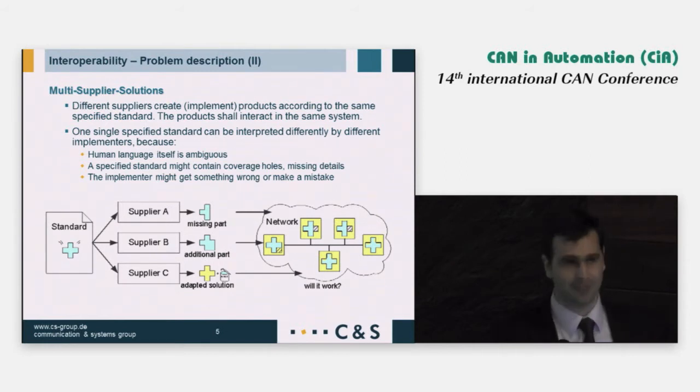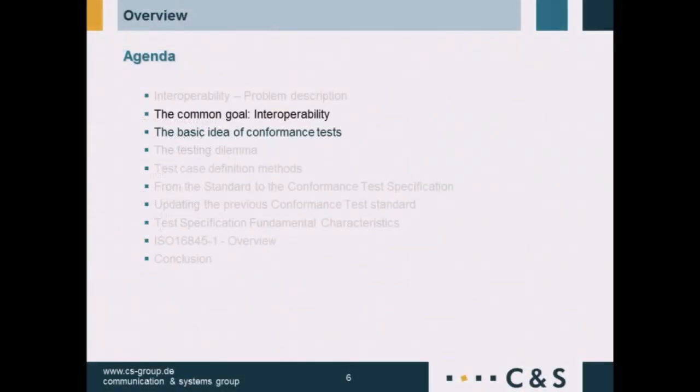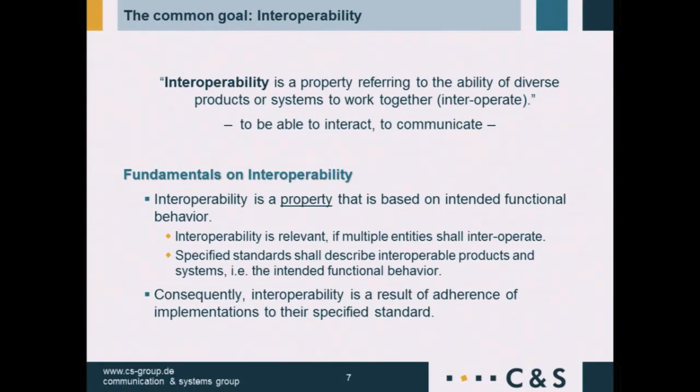Now let's take a look at interoperability. What is it actually, and what does conformance testing bring to interoperability? Interoperability is a property referring to the ability of a system or device to interact with other systems and devices all together in the same net.